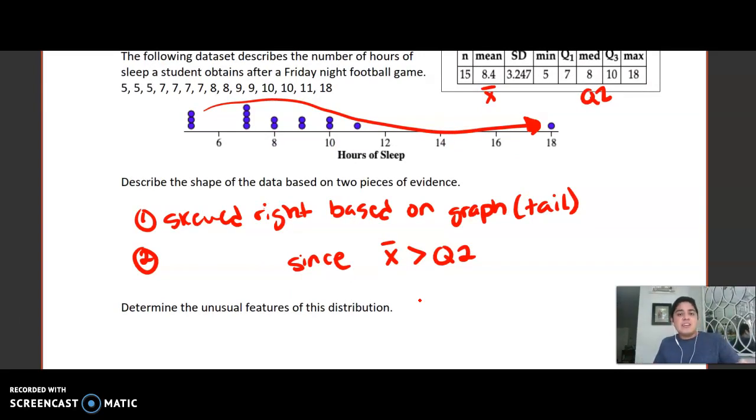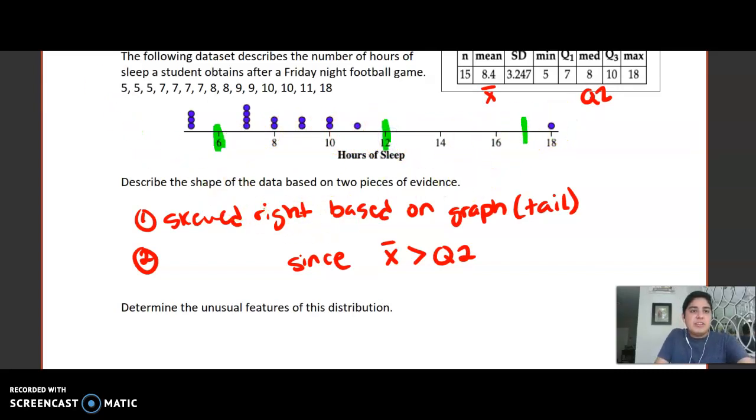Now let's determine any unusual features of this distribution. So let's check the easy one here. I'm actually going to erase this tail that I drew. Let's look for gaps in the data. So the first gap I see happens right here at 6, and then 7, 8, 9, 10, 11, and then I see a huge gap between 12 and 17.